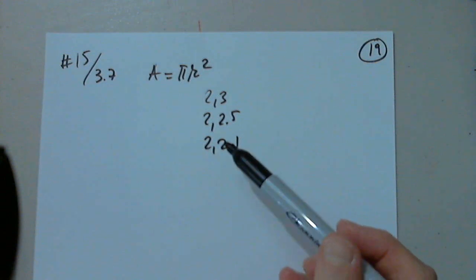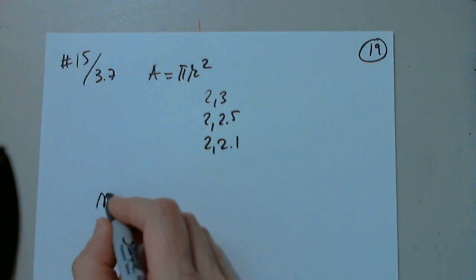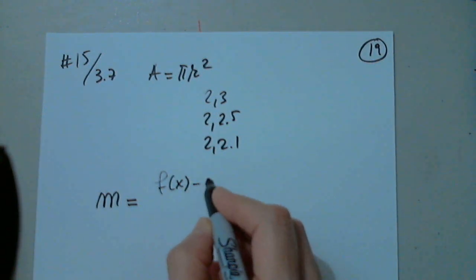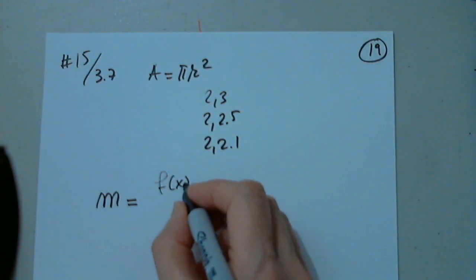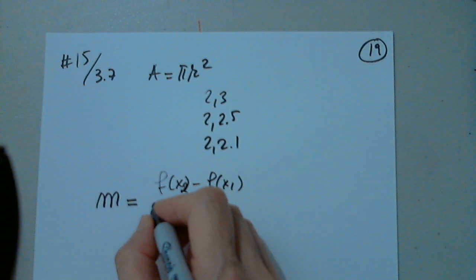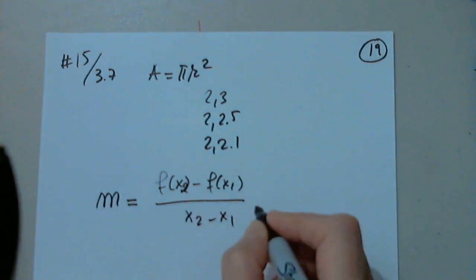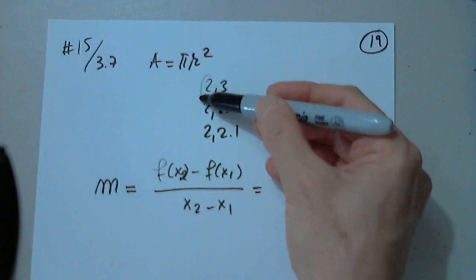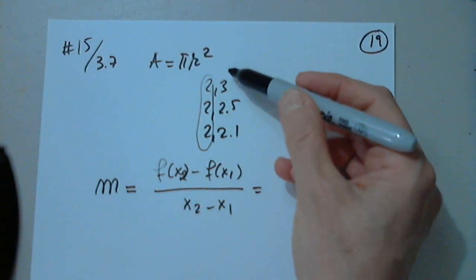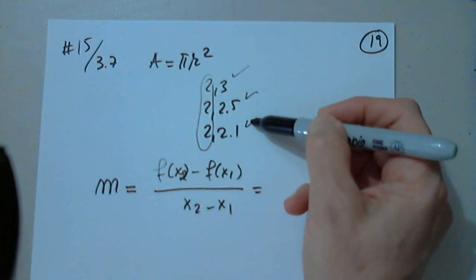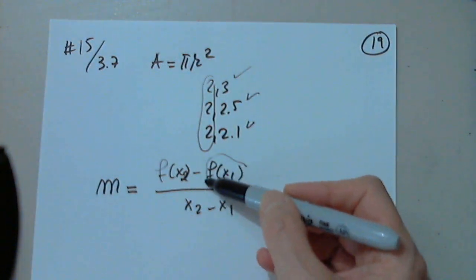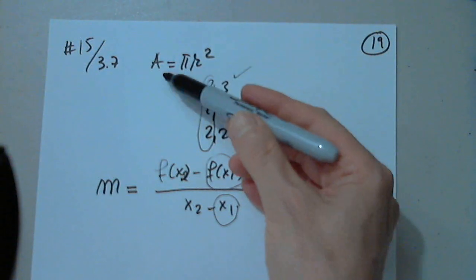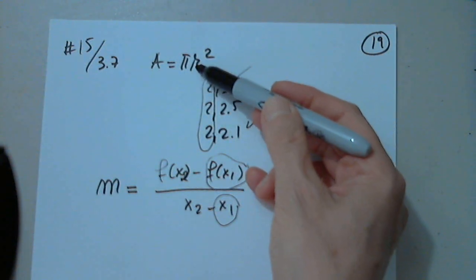So the average rate of change will be f of x2 minus f of x1 divided by x2 minus x1. You see, this is the fixed one, and this is what changes. So when r is 2, I have 4 pi.